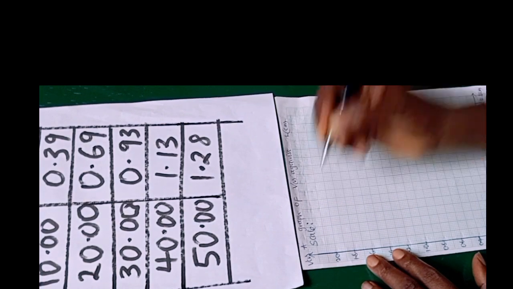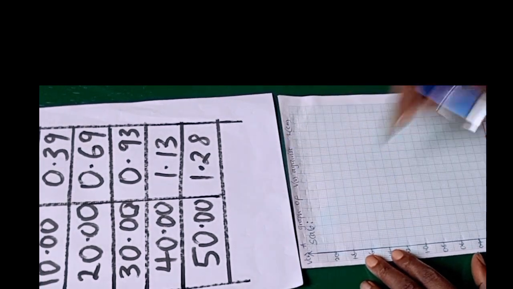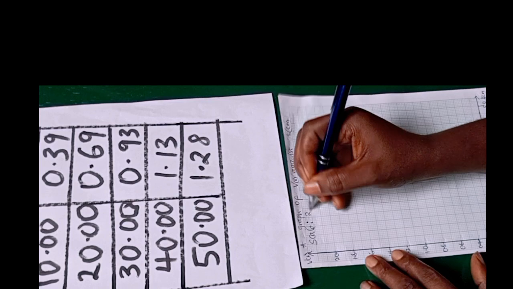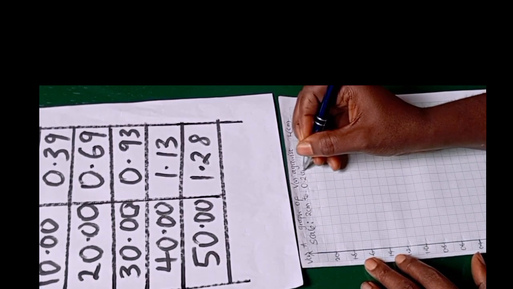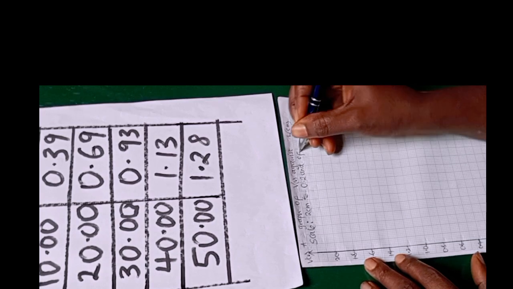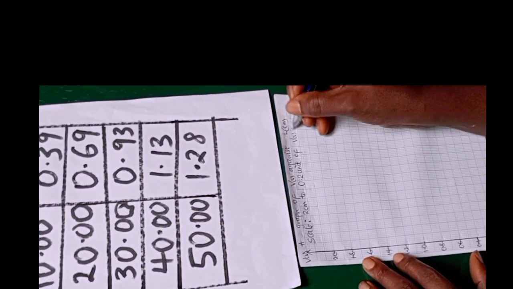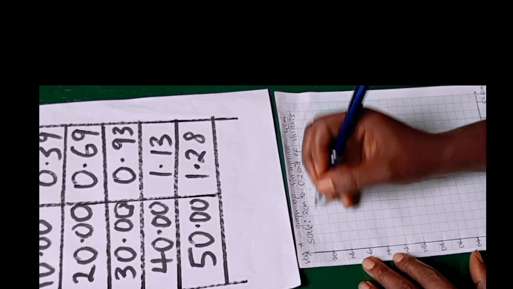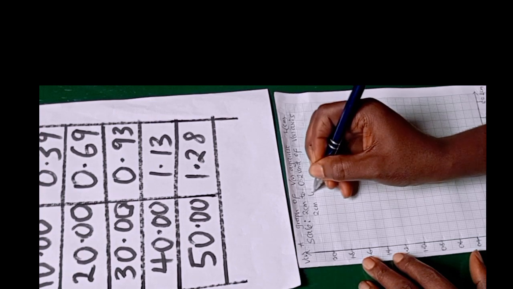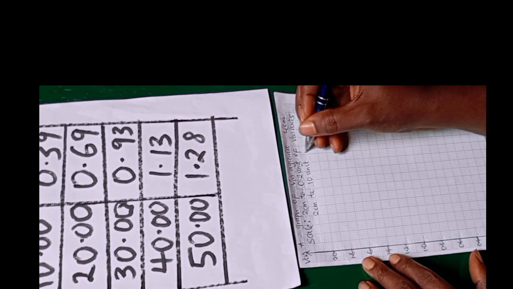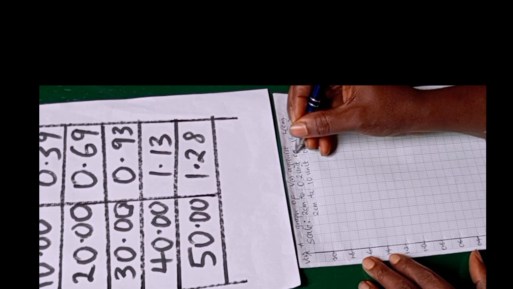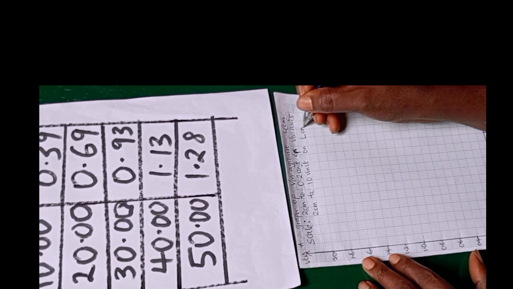Your scale carries 1 mark: 2 cm to 0.2 unit on V axis, 2 cm to 10 units on L axis.